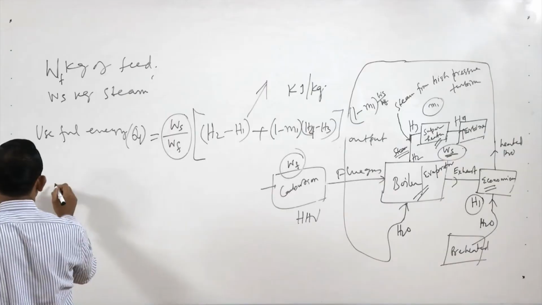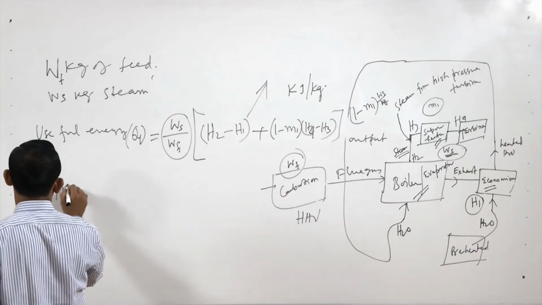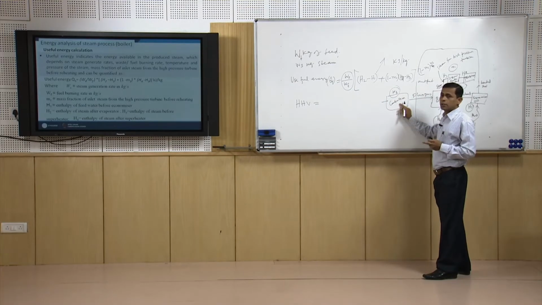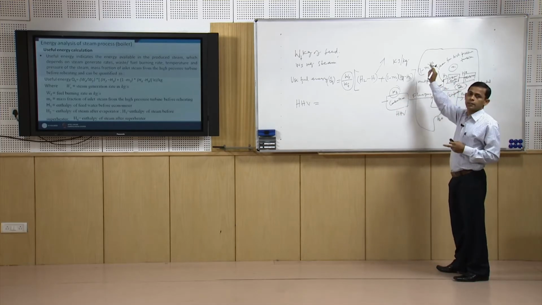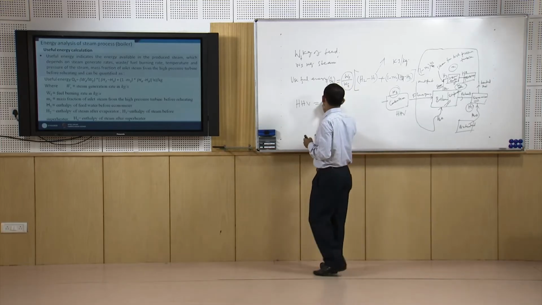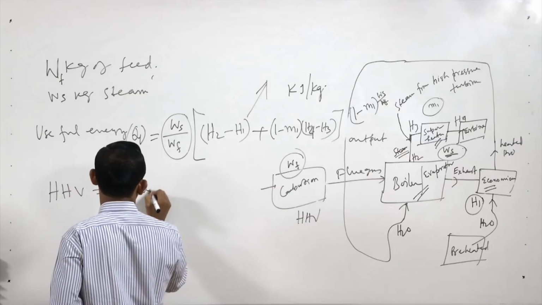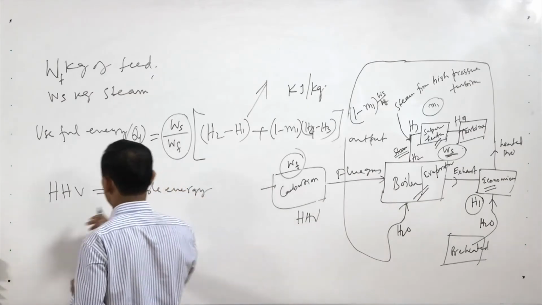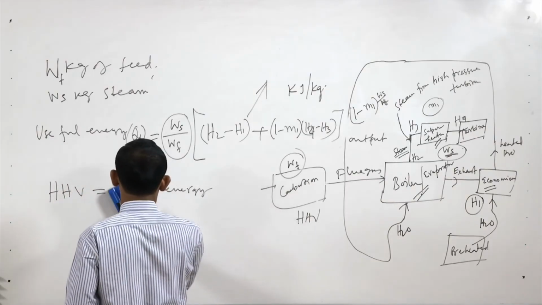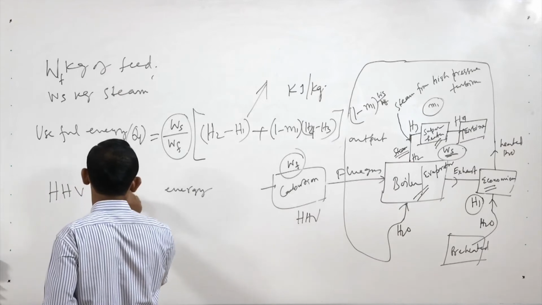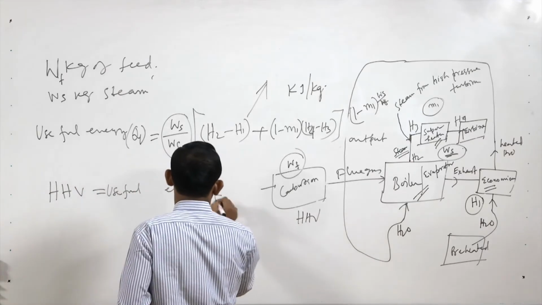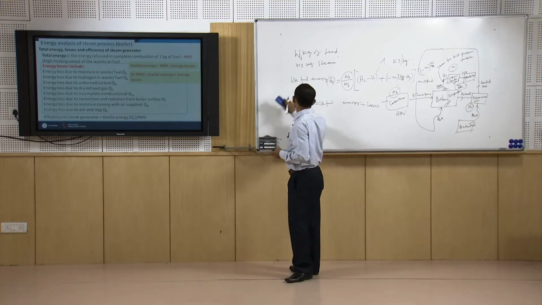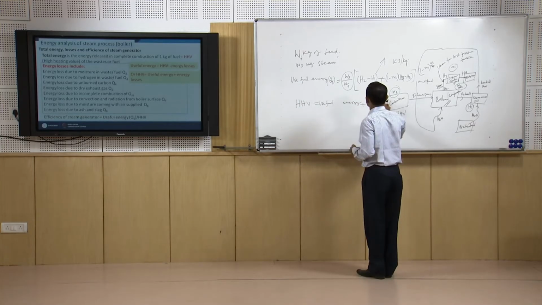If we get useful energy and if we get loss, then the heating value which is available with the feedstock is equal to available energy, which we have defined as useful energy, plus losses. Now, what are the losses? Let us see.